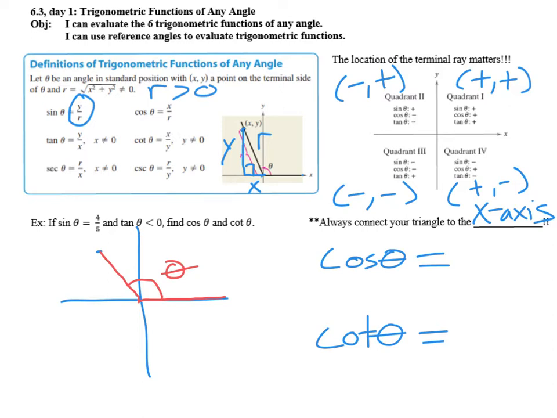I'd guess something in the ballpark of 100 or a little more. But this is where x and y will come in. Y is 4. R is 5. X is missing, yet again. Pythagorean theorem will bail us out.